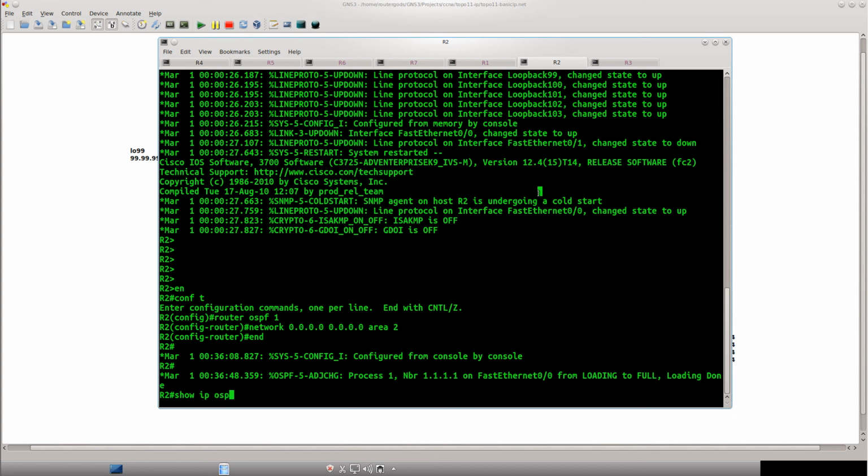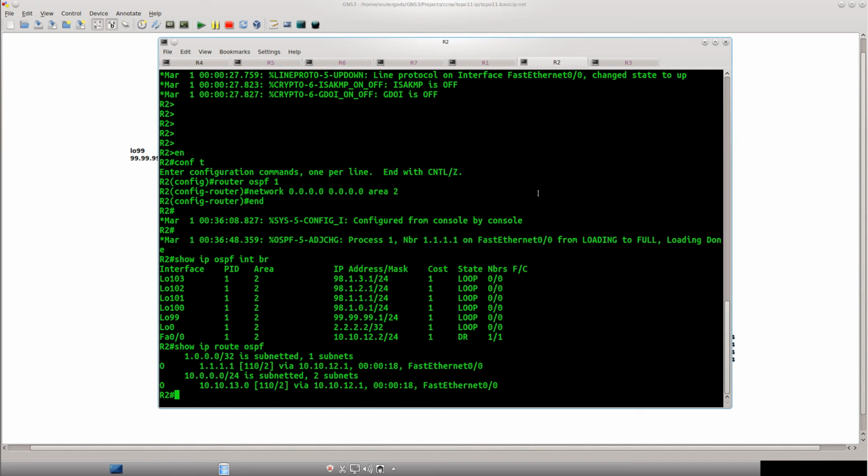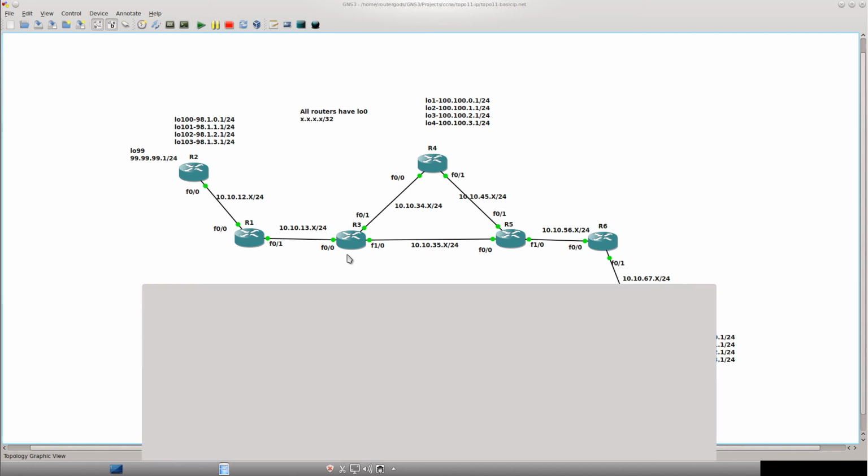So after you put R2 and R1 into area 2, let's go on R2. Show IP OSPF interface brief. You'll see that everything's in area 2. Show IP route OSPF. We don't have much in our routing table for OSPF. So 1.1, that's the loopback for router 1. 10.10.13, that's the link between routers 1 and 3.